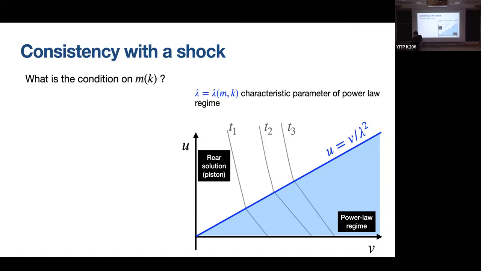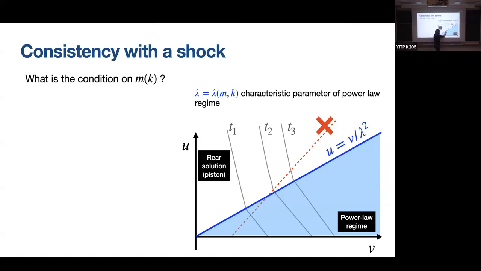Same for this. And now, what do we expect the shock to do? I want to plot the shock in this space of U and V. So if the shock does something like this, then this is not good for us, because you can see that this is the shock trajectory. Here at this time T1, we still have this region where the solution behaves like a power law, and then the back part.